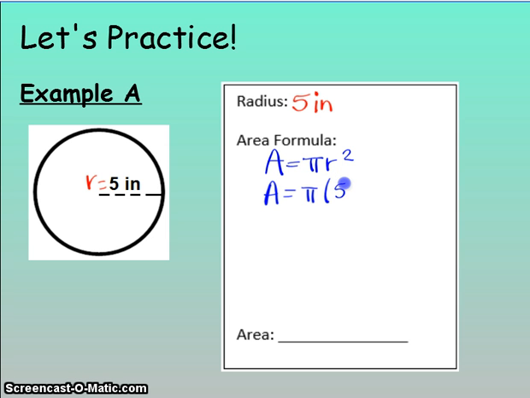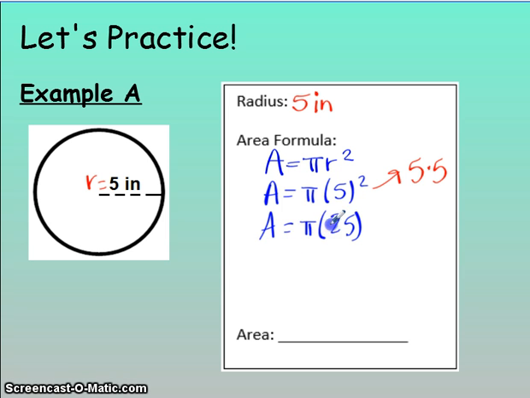So we're going to put 5 to the second power. Okay, remember, 5 to the second power represents 5 times 5. Okay, 5 times 5 leaves me with 25. And then bring everything else down.